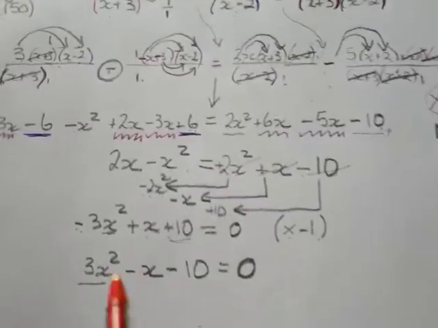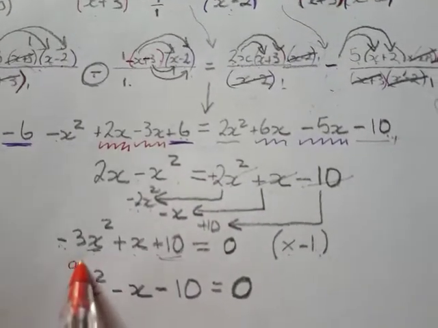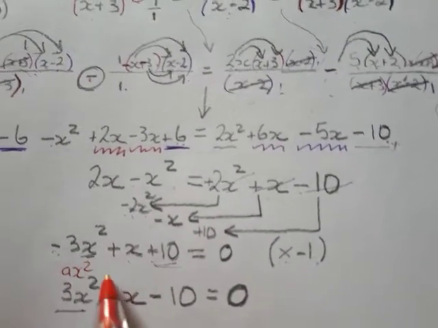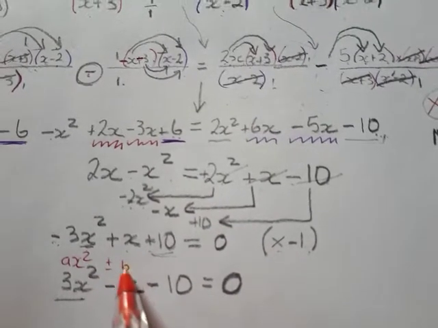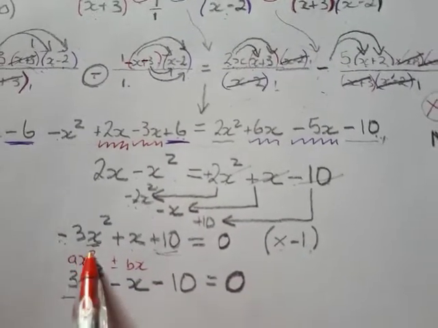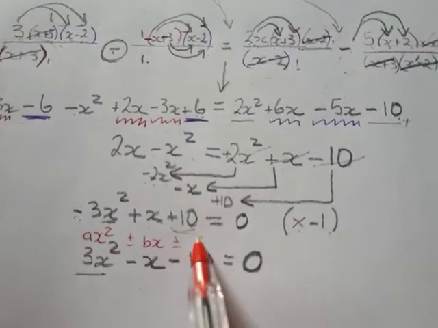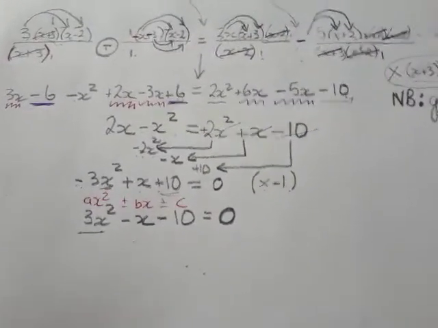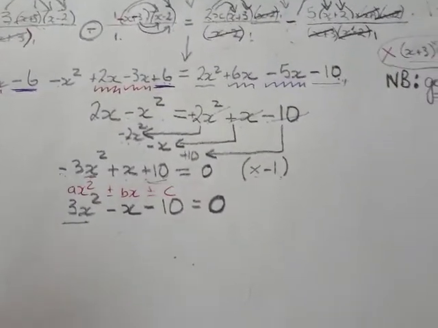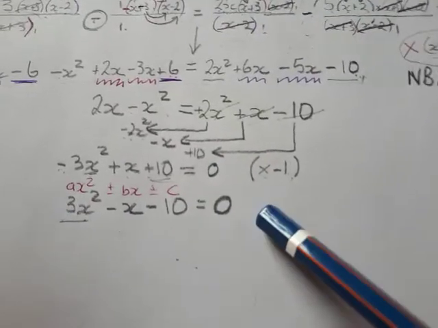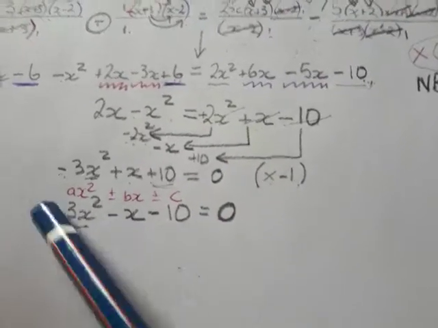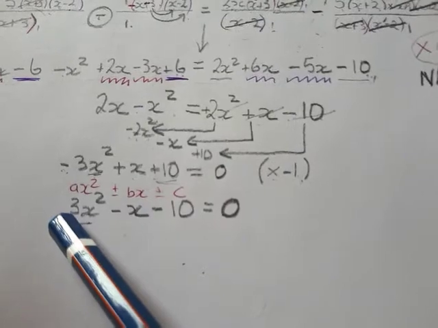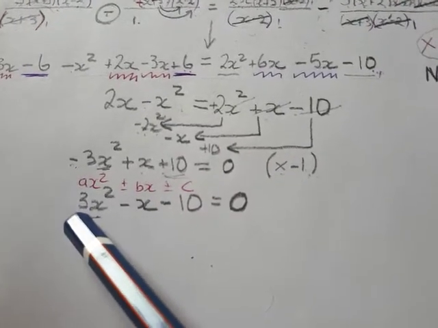Now remember, you must recognize this as a quadratic trinomial, for which we have the general form ax squared plus or minus bx plus or minus c. Now we are where we can actually solve a quadratic trinomial. People, you can do that by changing your terms into factors. You have learned different methods.